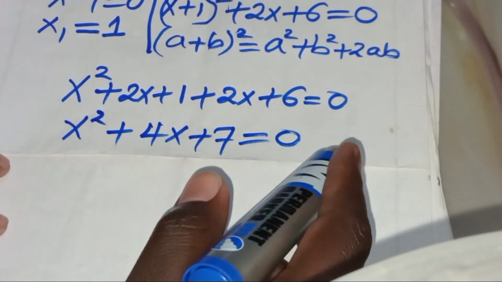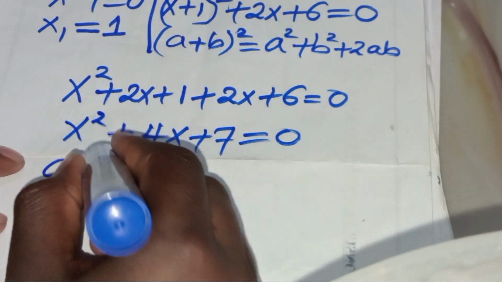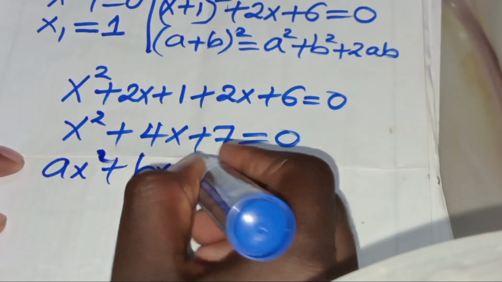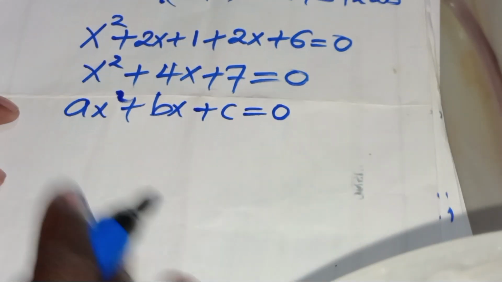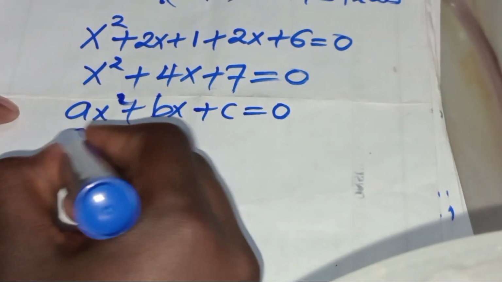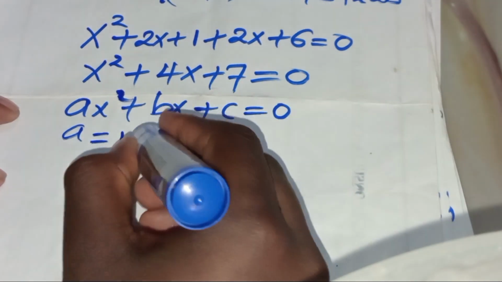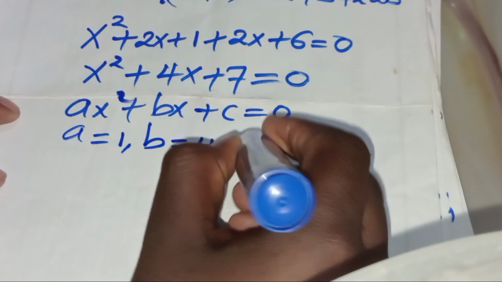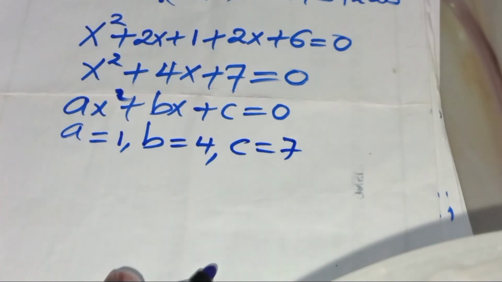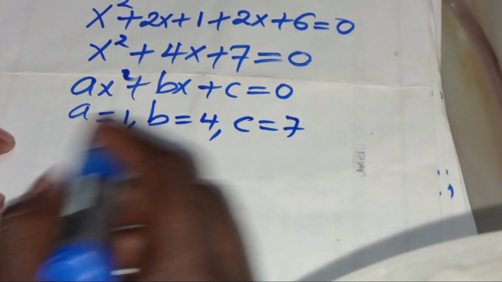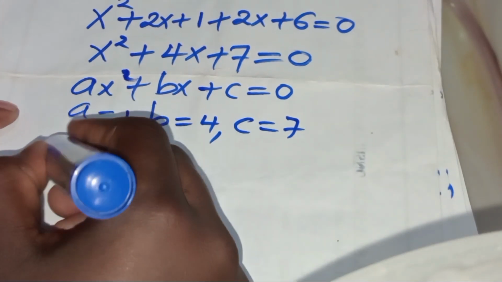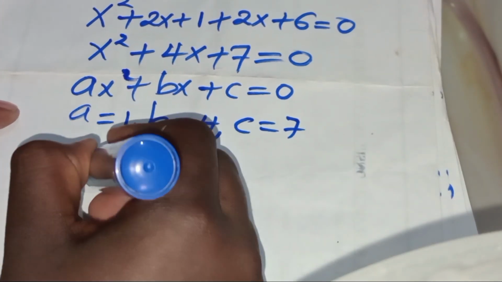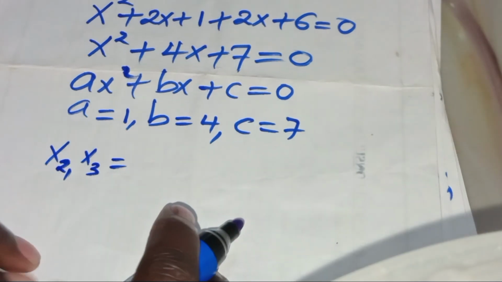Now this is a quadratic equation, which is in the form ax^2 + bx + c = 0. From this quadratic equation, we have a equal to 1, b equal to 4, and c equal to 7. Now let's apply the quadratic formula to solve for the other values of x, which are x2 and x3.